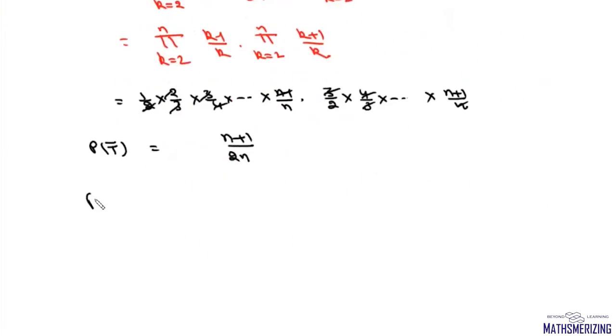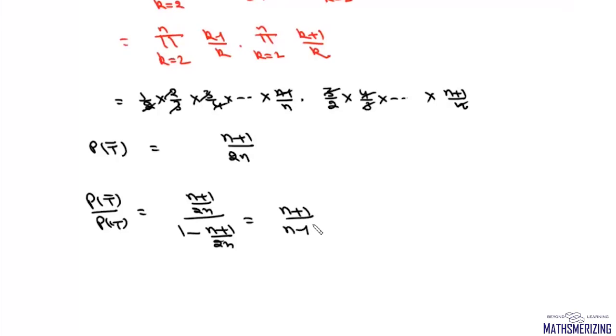The odds against the hunter will be P not upon P, which is n plus 1 upon 2n, and this is 1 minus n plus 1 upon 2n. So it will be n plus 1 upon n minus 1. So the odds against the hunter will be this value, and that is the answer to this question.